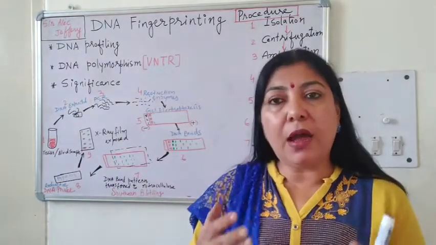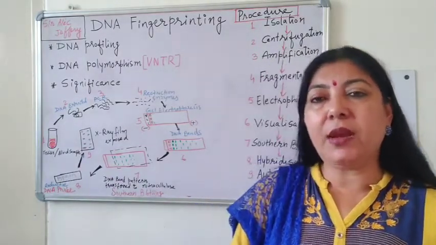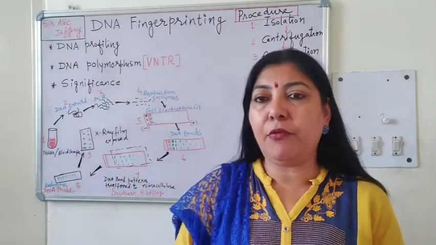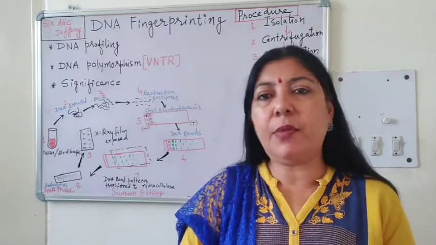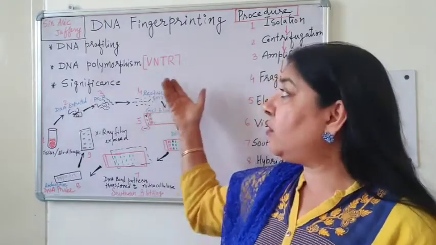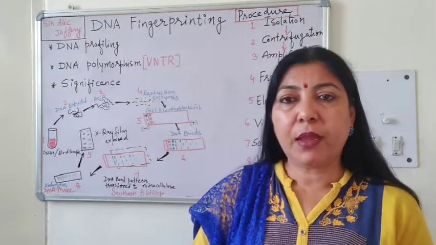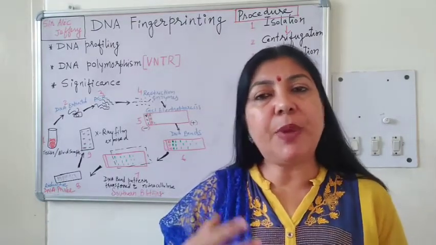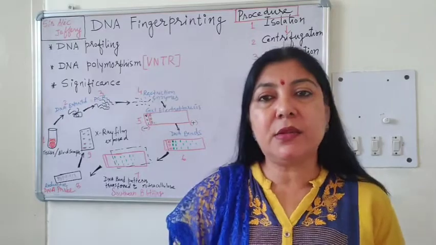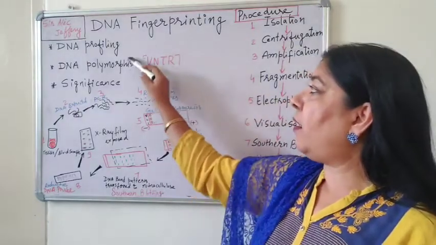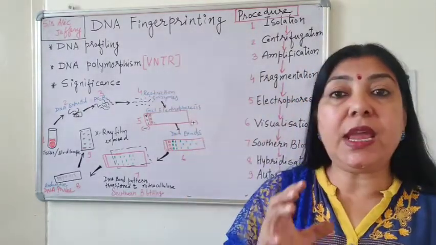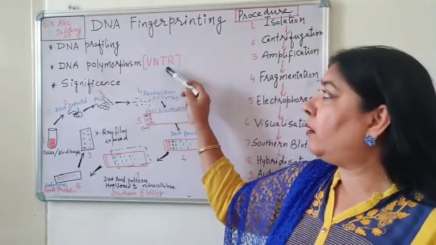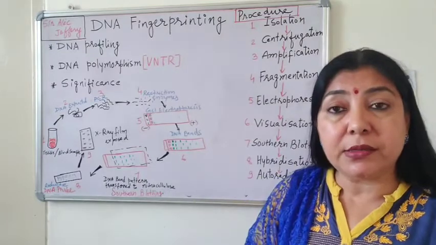Likewise, in our DNA, there are certain non-expressing DNA which do not code for any type of protein. In these non-expressing DNA, there are certain patterns, and these patterns are called repeats, or there are certain VNTR, which are called variable number tandem repeats.